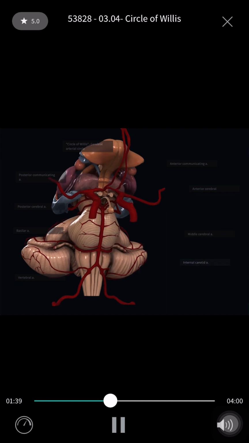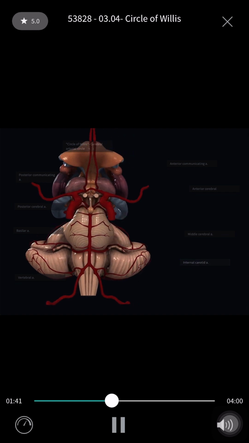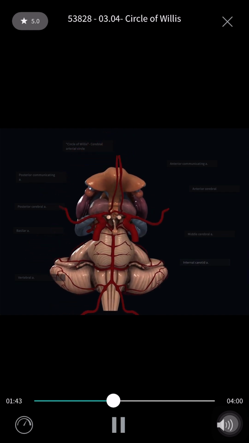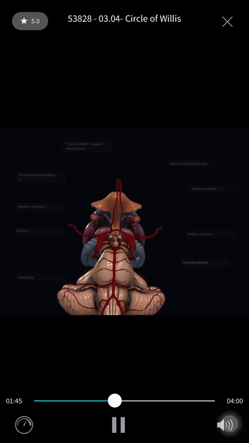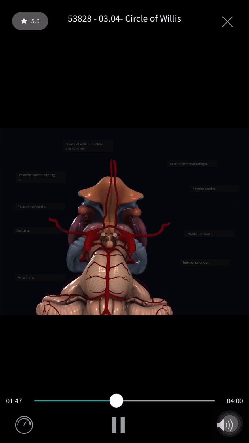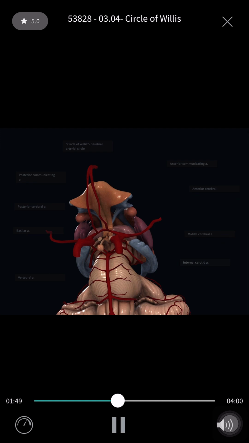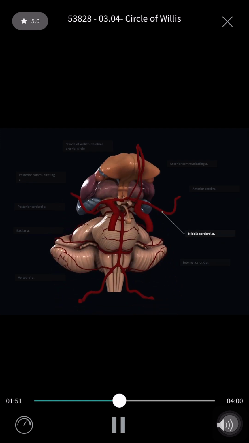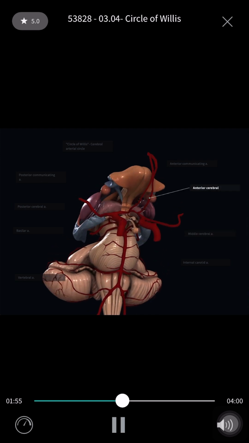Now, the internal carotid artery is a major blood vessel that is going to supply the anterior and lateral aspects of our brain. And the major vessels branching off of this that I want to highlight are the middle cerebral artery and the anterior cerebral artery.